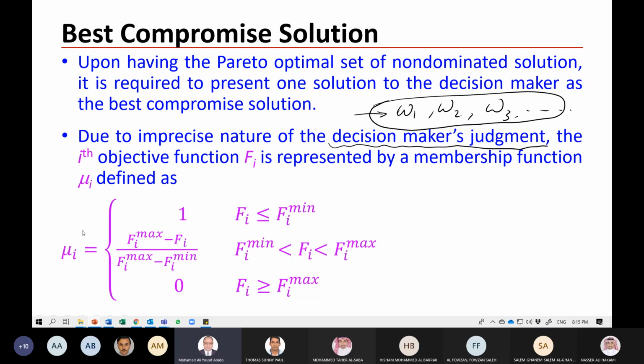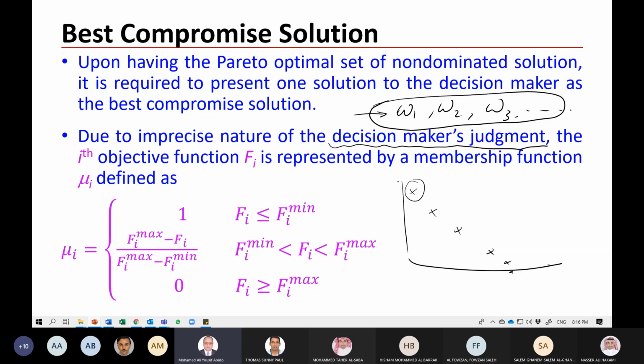But anyway, you can assume any solution will be normalized, let us say between 0 and 1. You give a weight for each solution between 0 and 1, for each objective function. You have several solutions; this is the Pareto set.